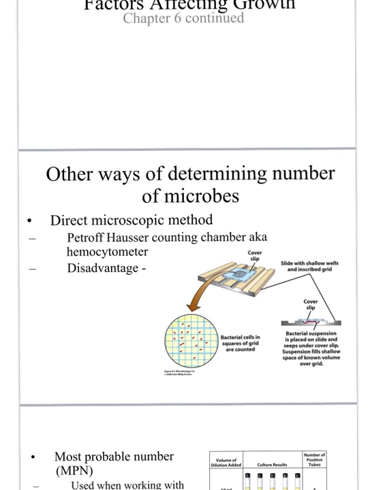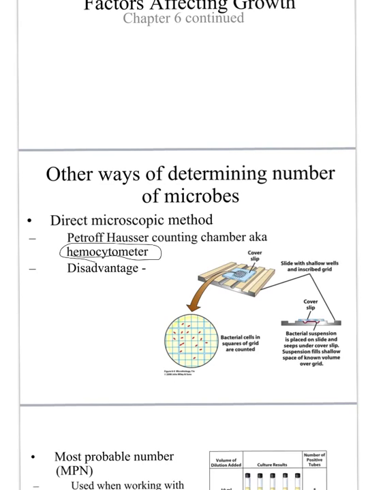You use a specialized slide, and this slide is either called a Petroff-Hauser counting chamber, but most of the time we just call it a hemocytometer. If you look at that word, hemo is blood and cyto is cell and meter. So originally this was designed to count blood cells.